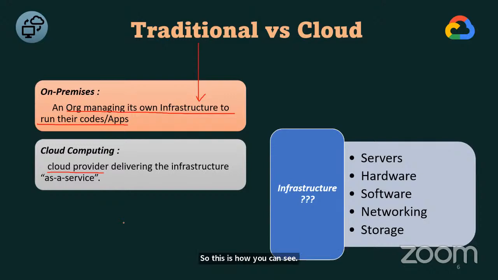Sometimes people will ask me, sir, can you tell me what is meant by infrastructure? An infrastructure can be servers, it can be hardware or software or networking or storage. Anything you can call it.